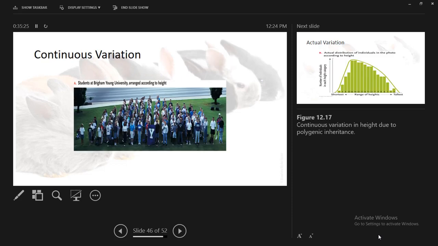And here's the image. So this is a statistics course at BYU. And here they have the statistics course grouped according to height. And so we've got the shortest individual, two individuals tied for the tallest individual, and then you have a nice bell-shaped curve here, where we've got a continuum.